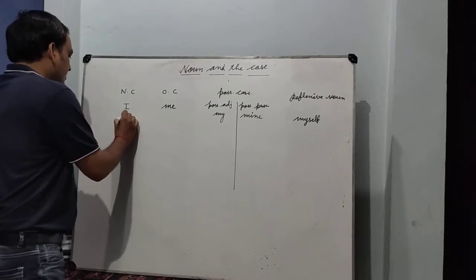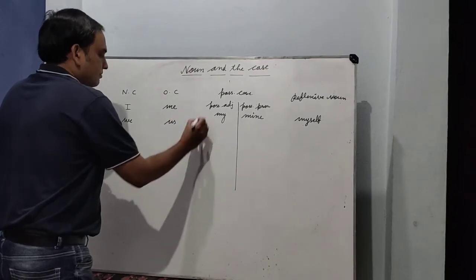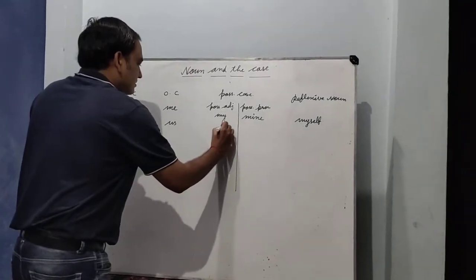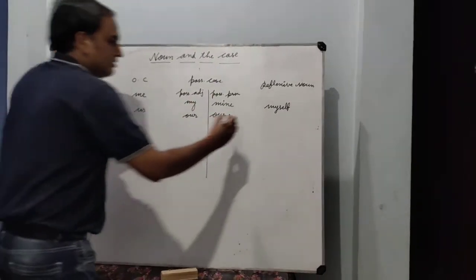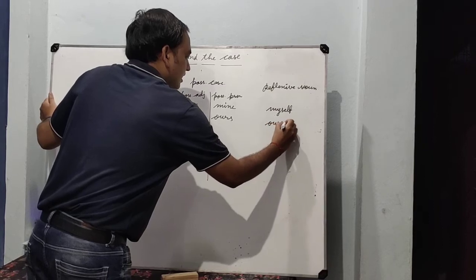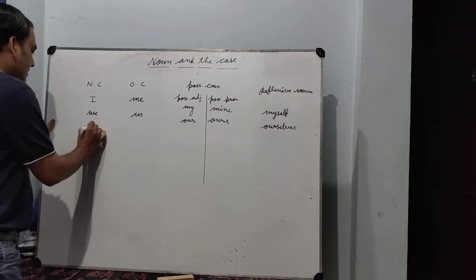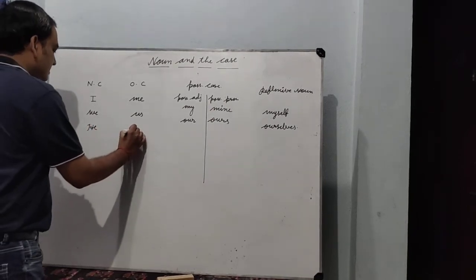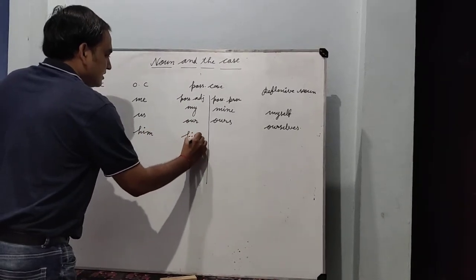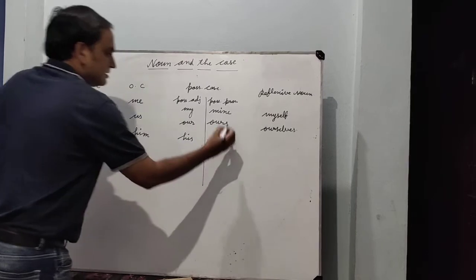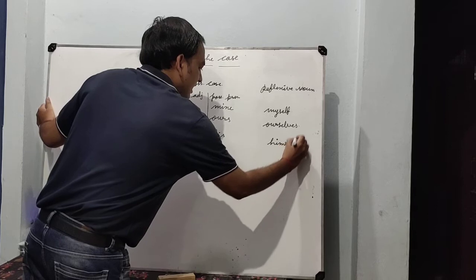Second is we, its objective case is us, possessive adjective is our, possessive pronoun is ours, and reflexive pronoun is ourselves. Another is he, its objective case is him, its possessive adjective is his, possessive pronoun is also his, and reflexive pronoun is himself.